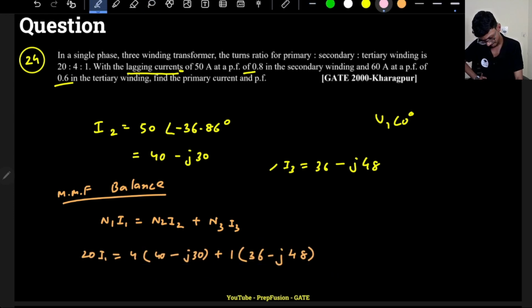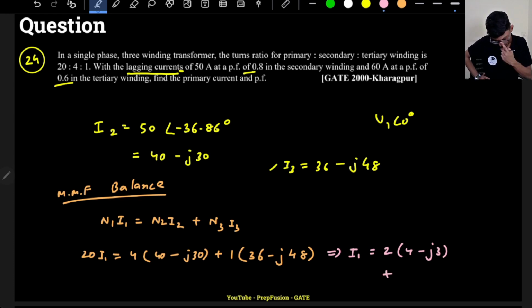So I1 will be 1 by 5 basically. If I take 10 common here, this will be 40 divided by 20, so 2 into 4 minus J3. And I can take 6 common here, 1.8 minus J2.4. I don't think I can take anything else common.